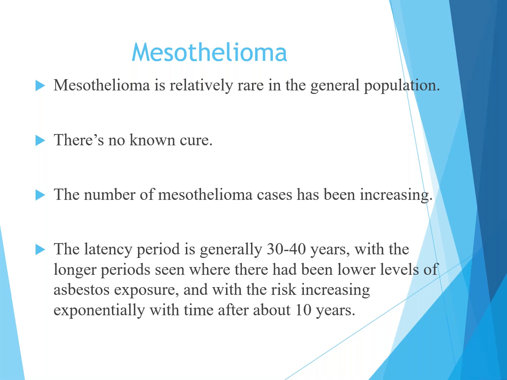And unfortunately, because of that, there isn't a known cure. It'd be very difficult to extract all those. The number of cases has been increasing, probably a combination of things, not necessarily because there's more asbestos out there, but because awareness has become higher. And those building materials, they are still out there. That's, again, why there's these regulations in place.